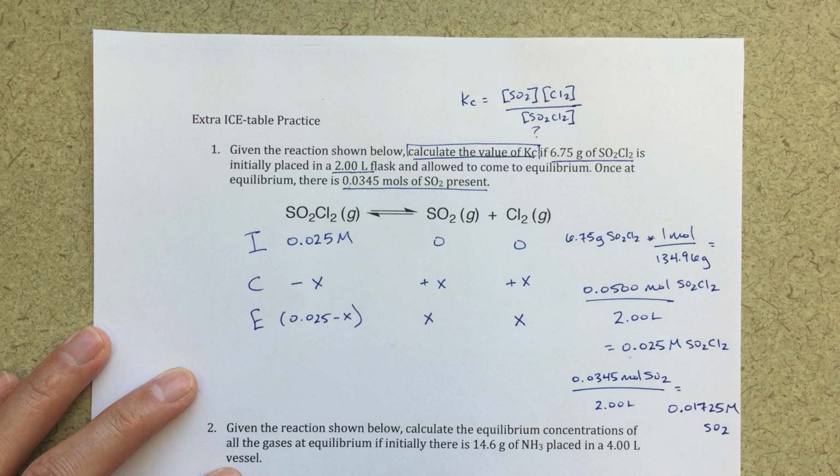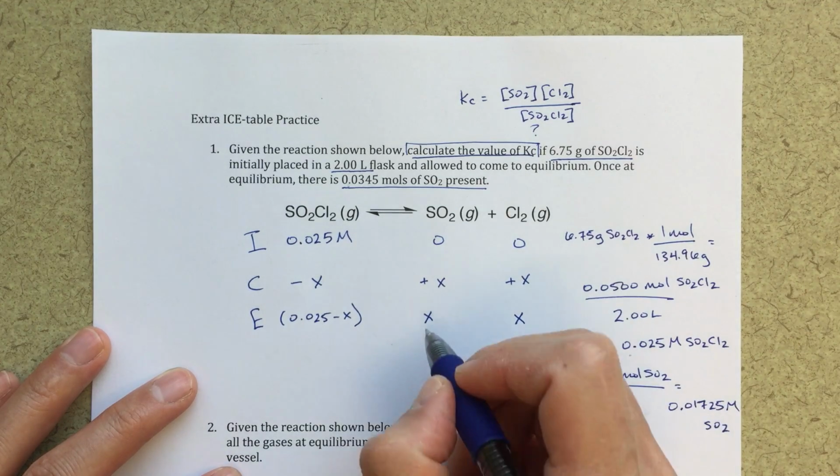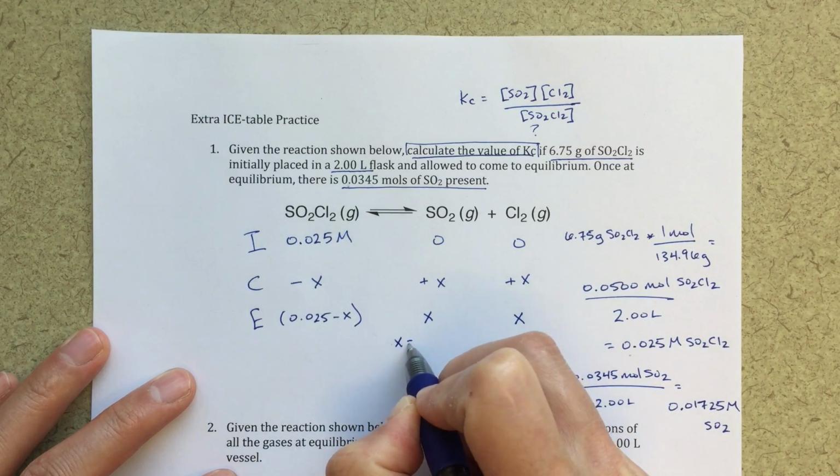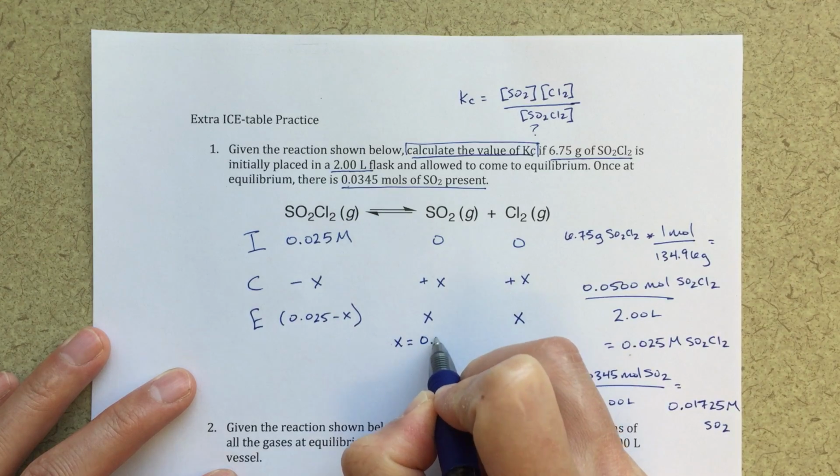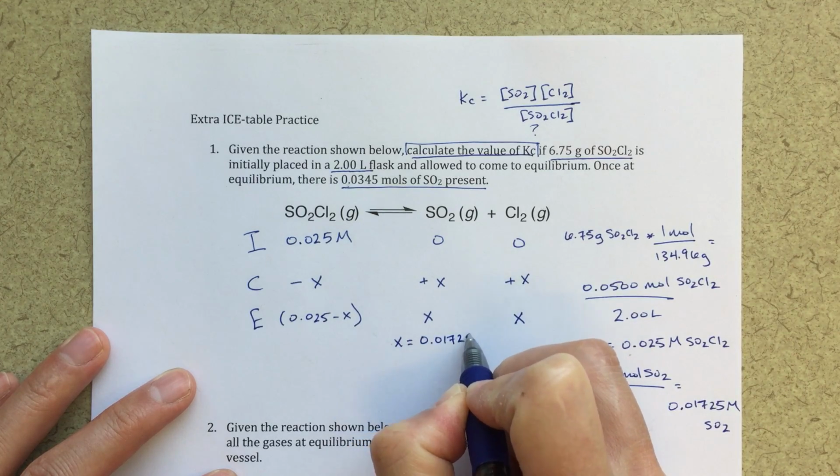Let me make sure I got that number right. Yeah, that looks good. This is the concentration of SO2 at equilibrium, and that is what x represents. So I might just write here, x is equal to 0.01725 molar.